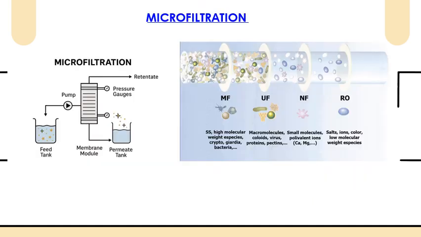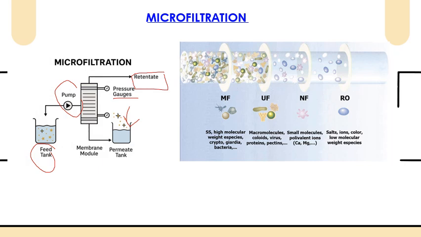Okay, so these are figures showing you the summary of the microfiltration. Usually the microfiltration system will have a pump and it will have a pressure. So wherever you mean to have the retentate, or the tank where you want to collect your permeate, or this is the feeding tank. So depending on what the target is, whether you want the larger molecule or the smaller molecule, depends on the beaker or the container that you are going to obtain.